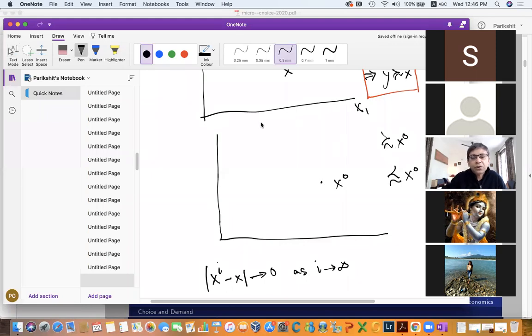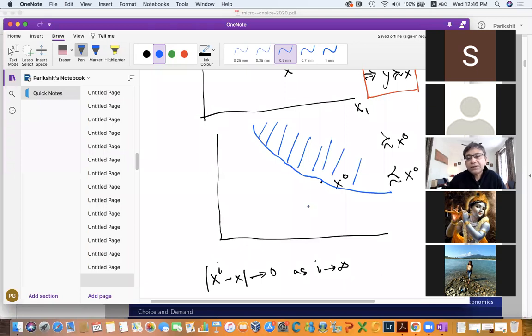Typically, I'll even draw a picture. I'm jumping the gun a little bit, but the concept of indifference curves will come, and many of you are familiar with it. Basically, it's the indifference curve and everything above. If you don't know what an indifference curve means, I'll define it in a moment. So that's the weakly better set.